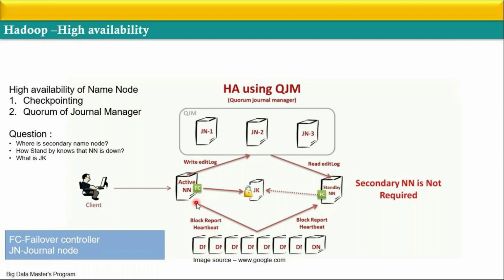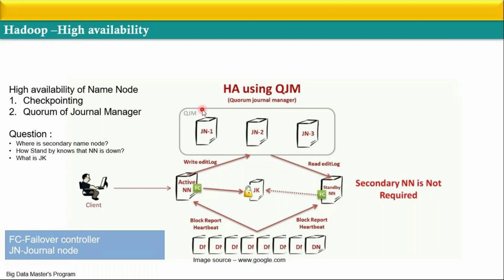What are the exact benefits of using QJM over checkpointing? Why is it better than checkpointing? Shared memory, what we have seen, is limited to 128 MB only. The size is very small.